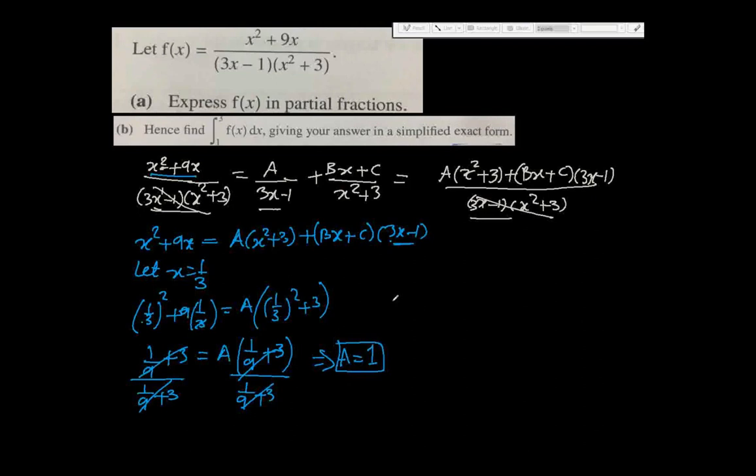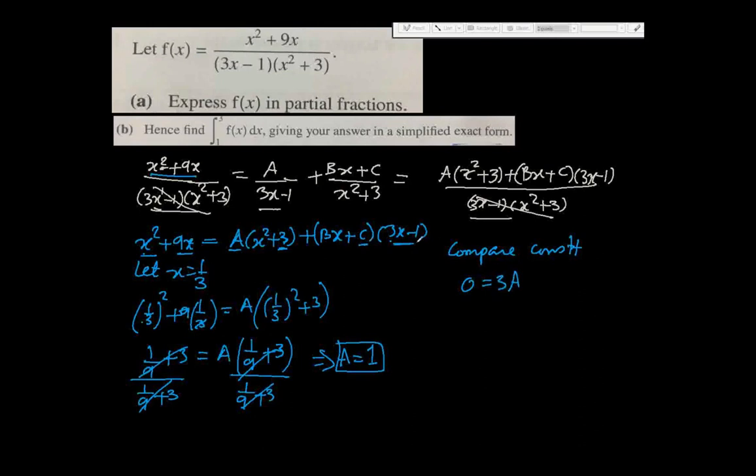Okay, what about B and C? Let's compare now. There's no other chance. This x squared plus 3 cannot be 0, so we can't make anything else 0. So let's compare constants. The constant on the left side is nothing, 0, since both terms have x. Here, A times 3 will be a constant, so we write 3A.